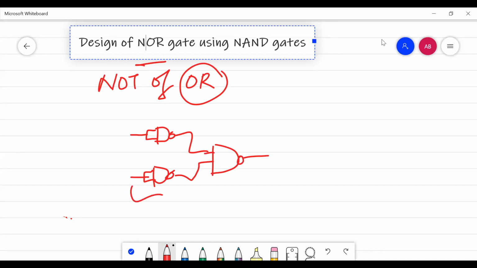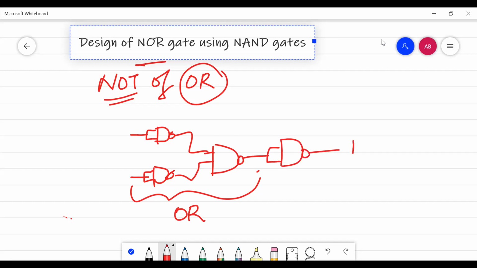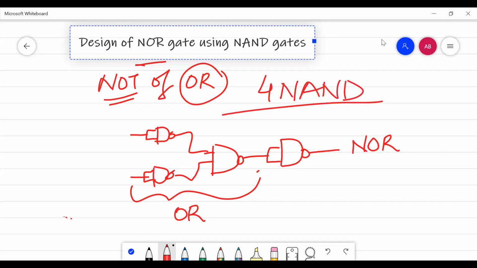This was my OR gate that we have just designed and verified. So NOT of our OR gate means I again require a NOT gate in front of this to make it a NOR gate. So let's design this circuit. Here you require 4 NAND gates to create your NOR gate. So let's design this circuit in our Tinkercad.